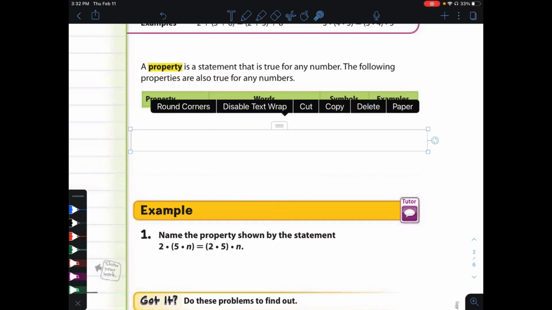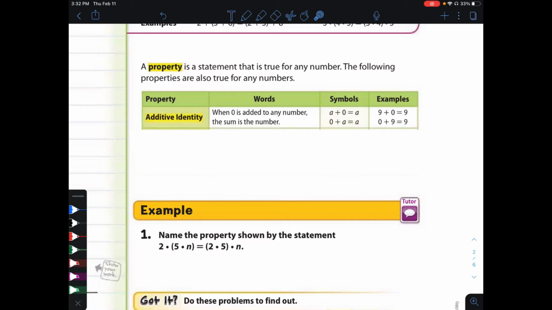Let's start off with the first one, which is the additive identity. When 0 is added to any number, the sum is the number. And that's the reason why it's called identity. The number keeps its identity when you add a 0 to it.